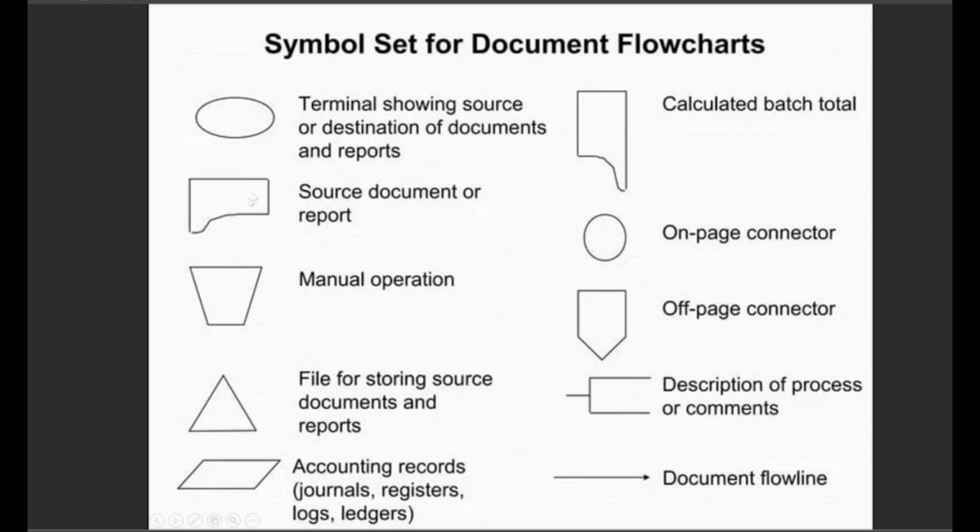Okay, and then we also have here an inverted cone, or a cup. The symbol of a cup pertains to a manual operation done by the entity involved in that process. We also have here a triangle. Sometimes this is an inverted triangle that shows that this is a file for storing source documents and reports.